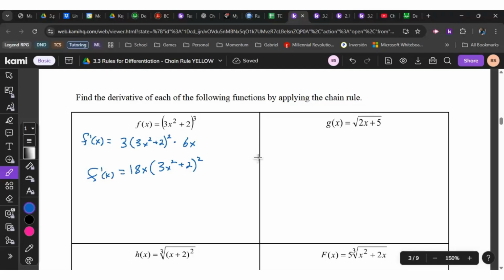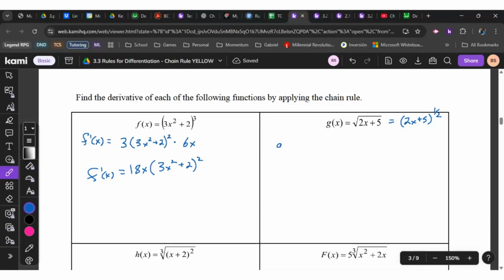Okay, this one. Now, guys, you probably want to rewrite this first. So I'm going to rewrite this and say this is 2x plus 5 to the power of 1/2, because that's easier to see the outside function now. What's the outside function? 1/2.